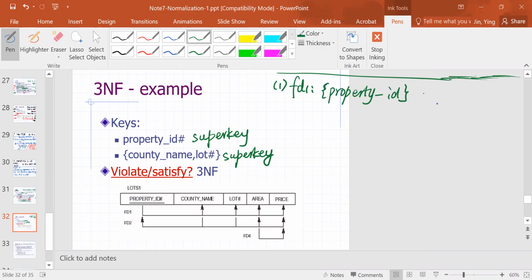So this is the left-hand side. Is this one a super key or not? Yes, right? So this is a super key.